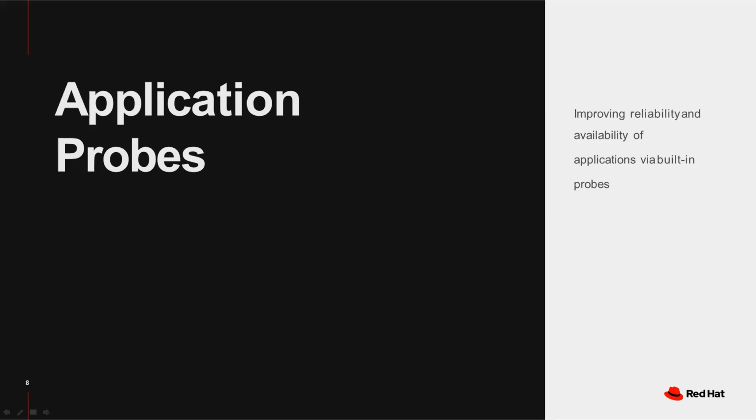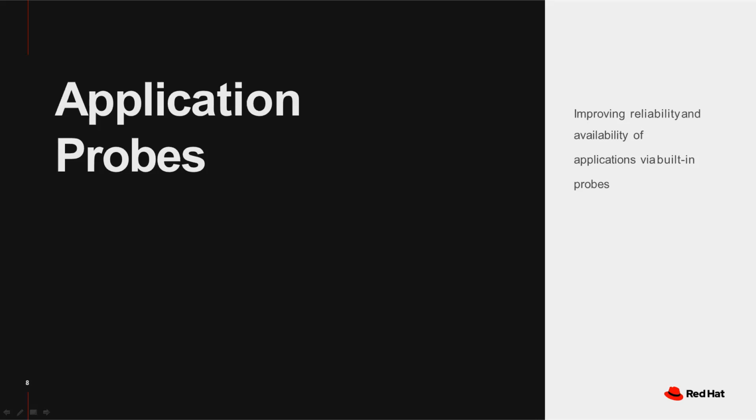All right, the next part we're going to talk about is the application probes. Application probes improve the reliability and the availability of applications. If we think about our applications, before, we were monitoring these, manually fixing problems, doing just a bunch of stuff manually.